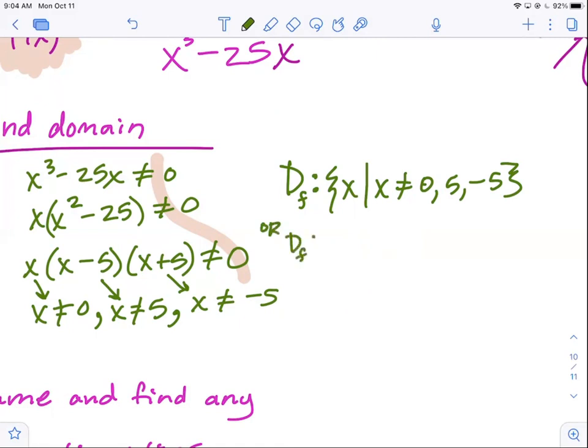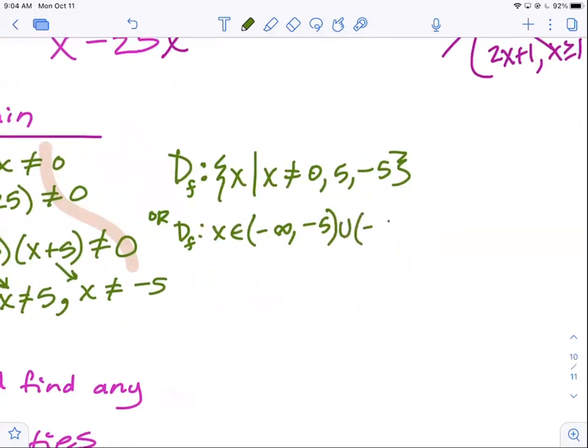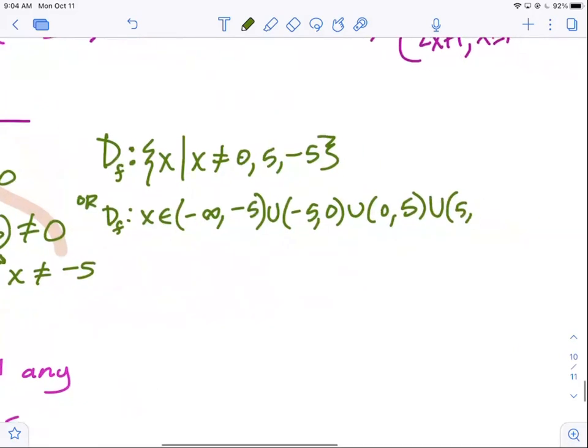So let's go ahead and do that. Or x is an element of negative infinity to negative 5, union negative 5 to 0, 0 to 5, and then 5 to infinity. So there's 3 cal patties we got to step over.